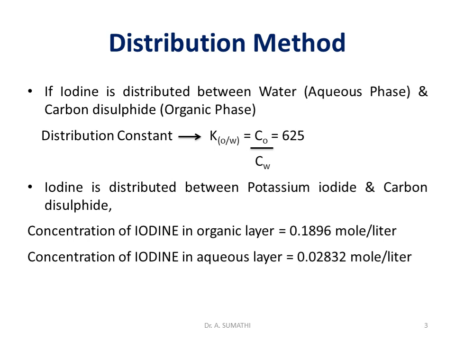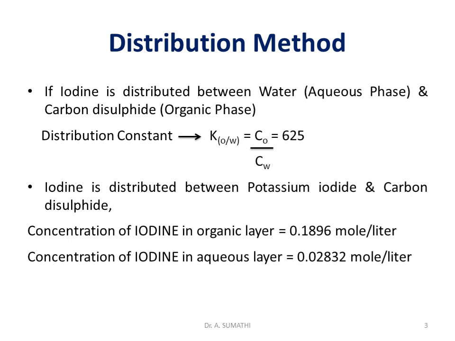So for this distribution, we can write the distribution constant as follows. What is the distribution constant? K of O by W, where O represents the organic phase and W represents the water phase, which is equivalent to Co divided by Cw. What is Co?